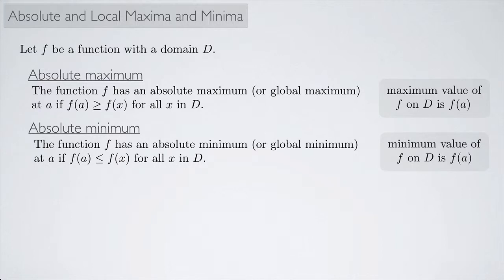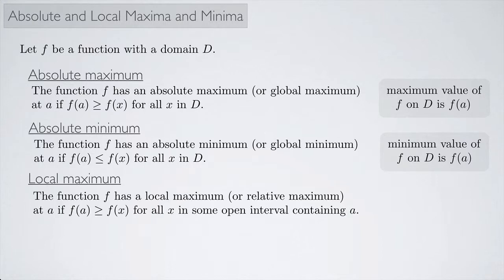Now what about the things that we saw on the last graph that weren't maxima or minima overall, but they kind of looked like maxima and minima nearby? Well, these are local max and local min. So a local maximum, the function f has a local maximum, or some people say a relative maximum, at a if f of a is greater than or equal to f of x for all x in some open interval containing a.